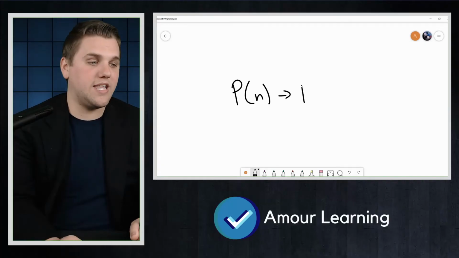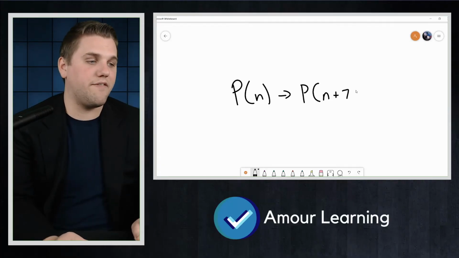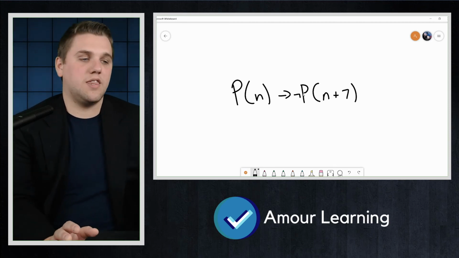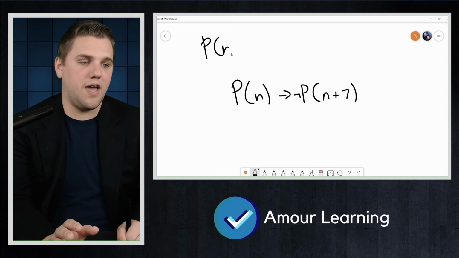For example, suppose we claim that if n is prime, then n plus 7 is prime. This looks like an implication. I would like to write something like p of n implies p of n plus 7. Keep in mind, p of n we're going to define to be "n is prime."